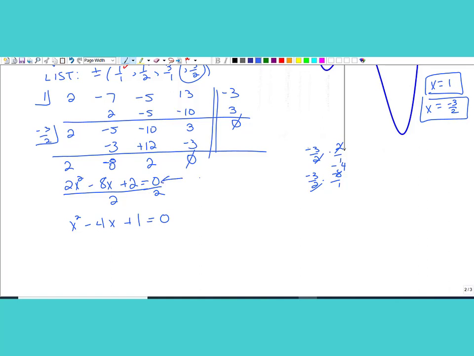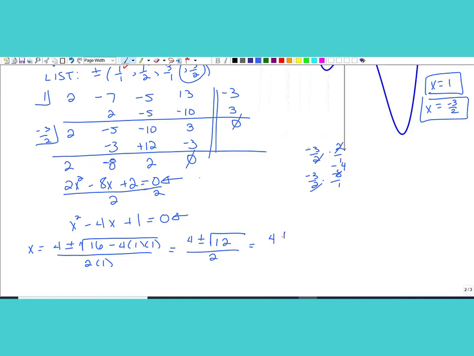Now, it is perfectly okay if you use the original equation for the quadratic formula. I'm going to use this one just because the numbers are smaller. So I have x equals the opposite of b, plus or minus the square root of b squared minus 4ac, all divided by 2a. So I have 4 plus or minus the square root of 12 over 2.